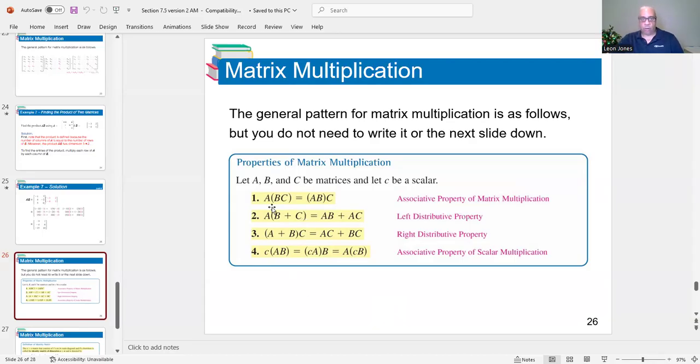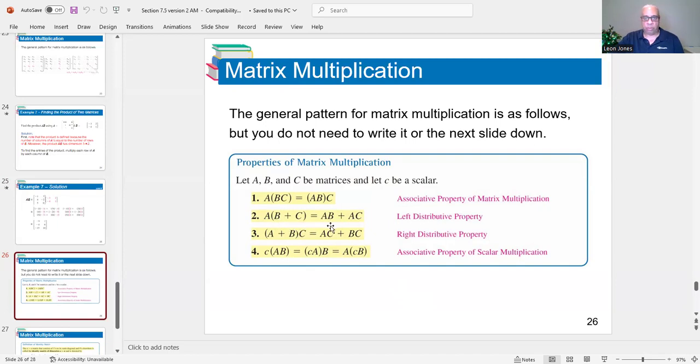Again, you have your properties of matrix multiplication. So again, just like addition, you let A, B, and C be matrices, and let c be a scalar, and you utilize your associative property of matrix multiplication. So you have A times B times C equals A times B times C. You also have what we call your left distributive property, where just from the left, it's a distributive property.